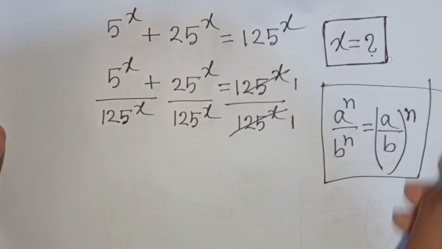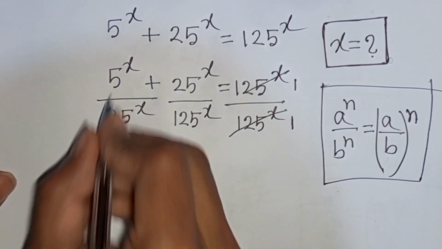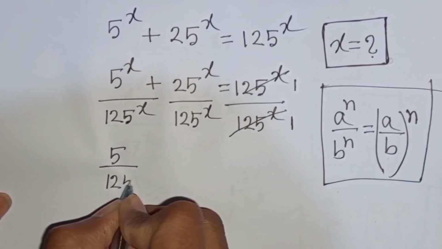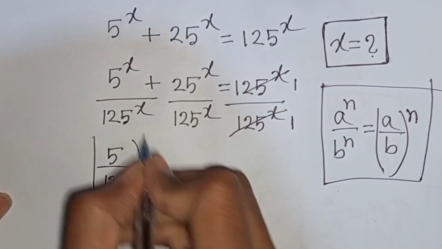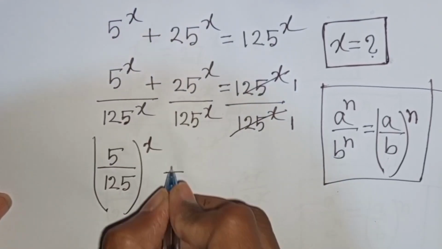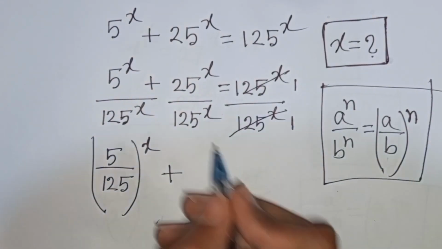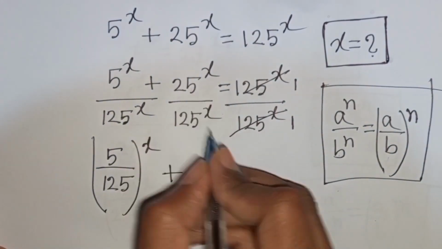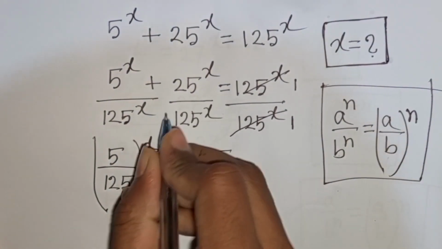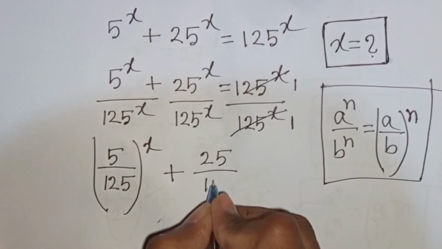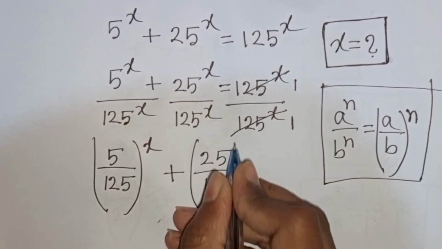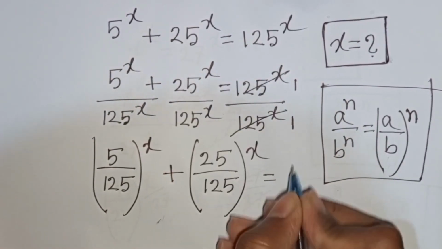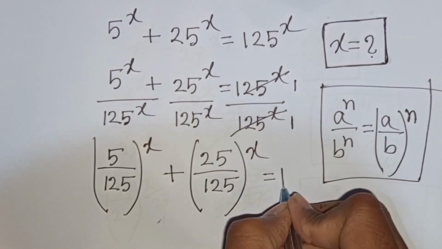So according to this exponential rule, we can write here 5 over 125, then bracket common power x, plus again x, same power but different base. So according to this formula, we can write here 25 over 125, then bracket common power x is equal to 1 divided by 1, that means it will be 1.